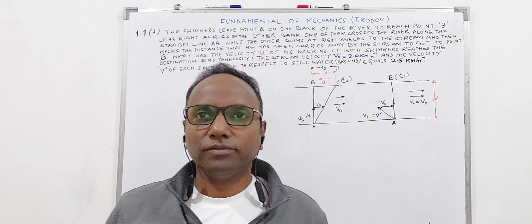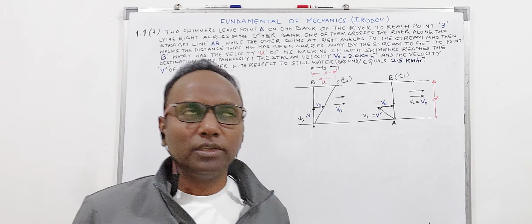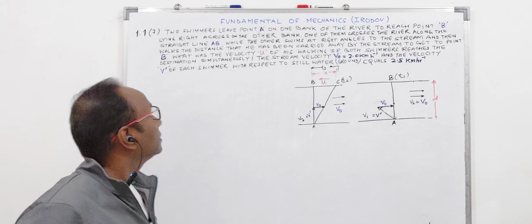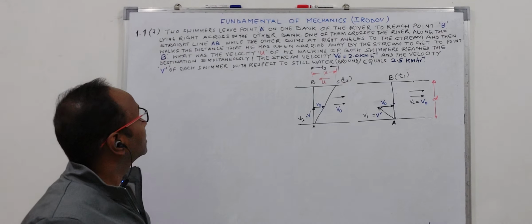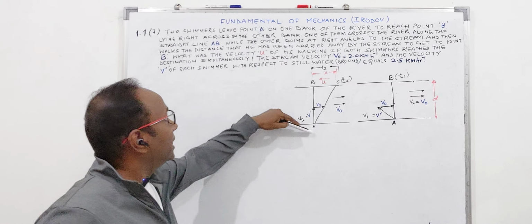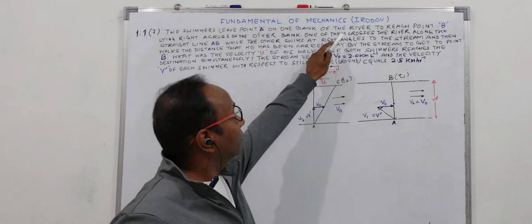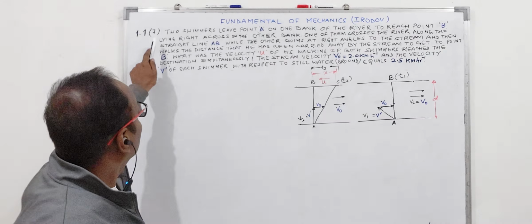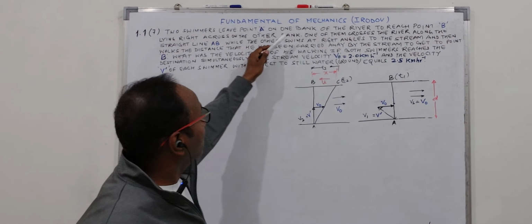I have taken this question from Irodov section 1.1, question number 7. The question is: two swimmers leave point A on one bank of the river to reach point B, lying right across on the other bank.